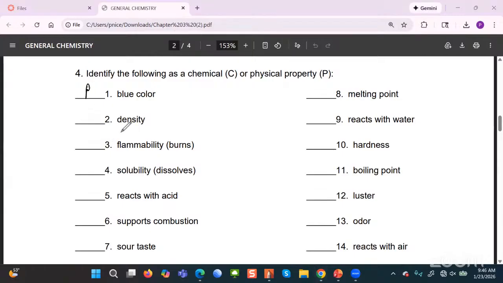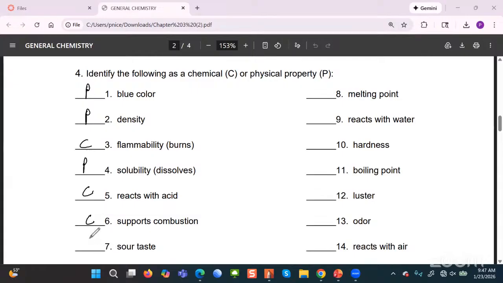Density, physical. Flammability, which means burn, chemical. Any burning involves a chemical reaction. Solubility, physical. This is true in most cases. There are some cases where it could be chemical, but for now, we're just going to accept that as physical. Reacts with acid, chemical. Supports combustion, chemical.